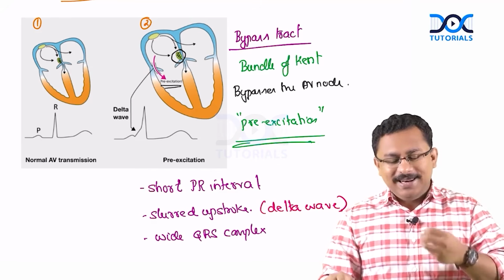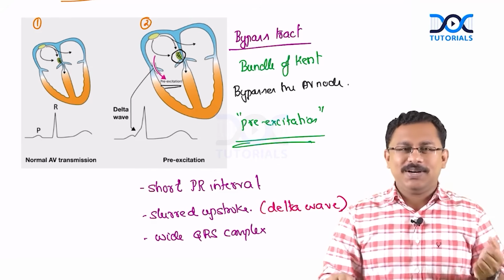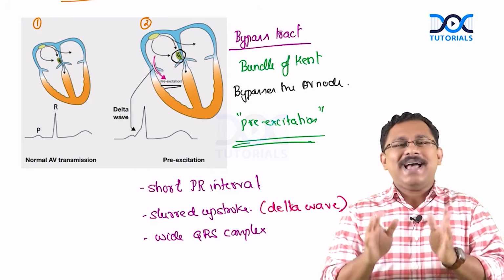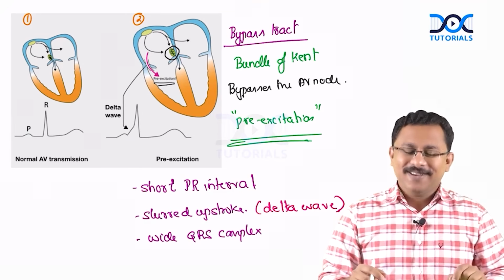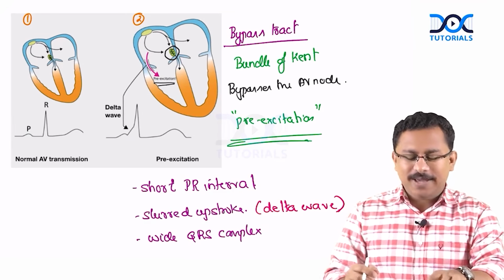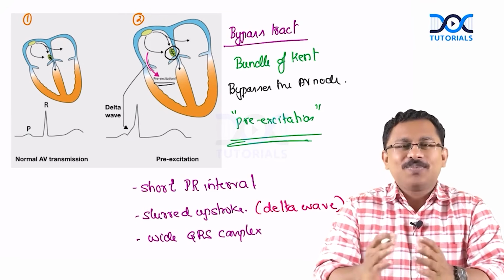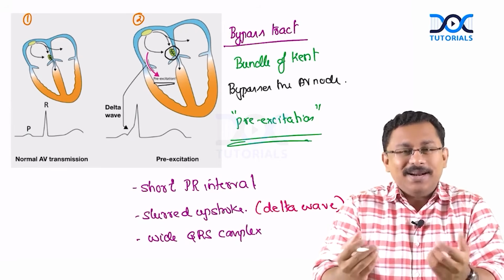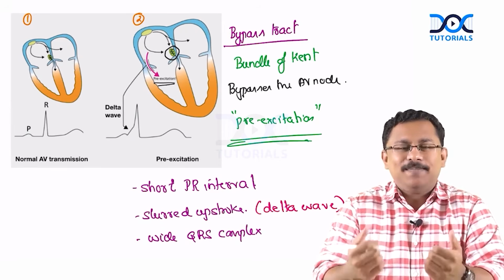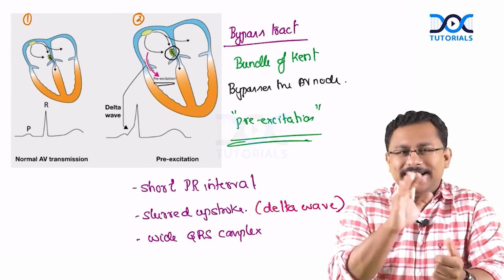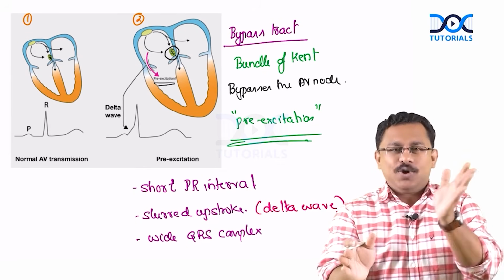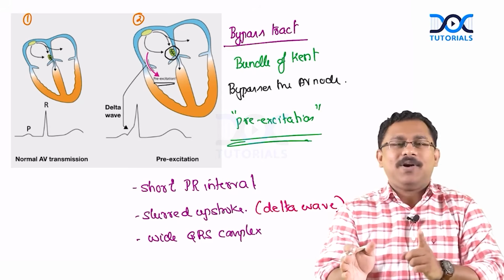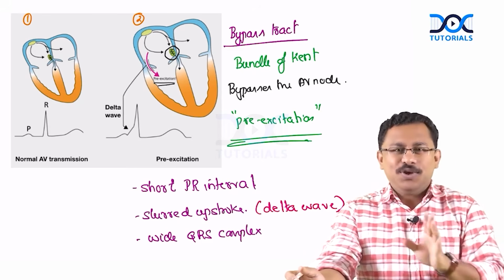You tell me, in individuals with WPW syndrome, will you normally be having a Q wave here? Just think about it and let me know. See, what happens is there is a bypass, correct? The bundle of Kent is acting as the bypass. So the next step that ideally should happen in the QRS complex is the septal depolarization that leads on to the Q wave.